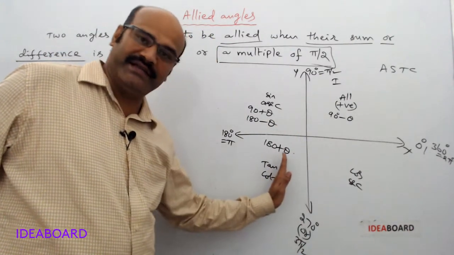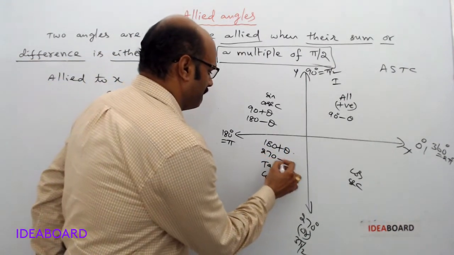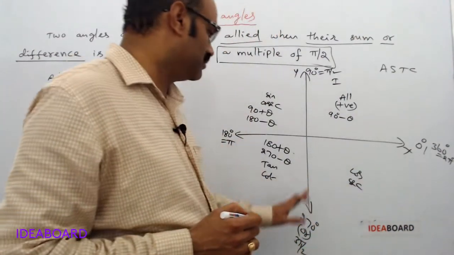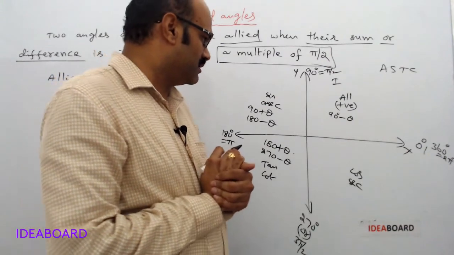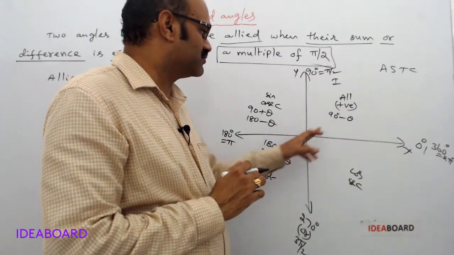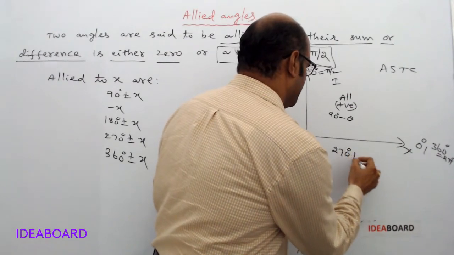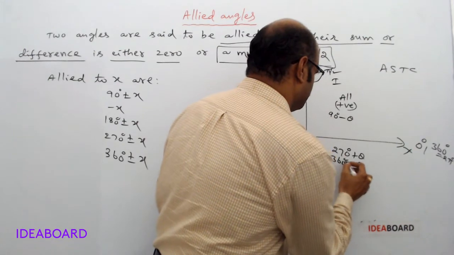Even 270 minus theta means third quadrant only. Now come to the fourth quadrant. In the fourth quadrant, the allied angles to theta are 270 plus theta or 360 minus theta.